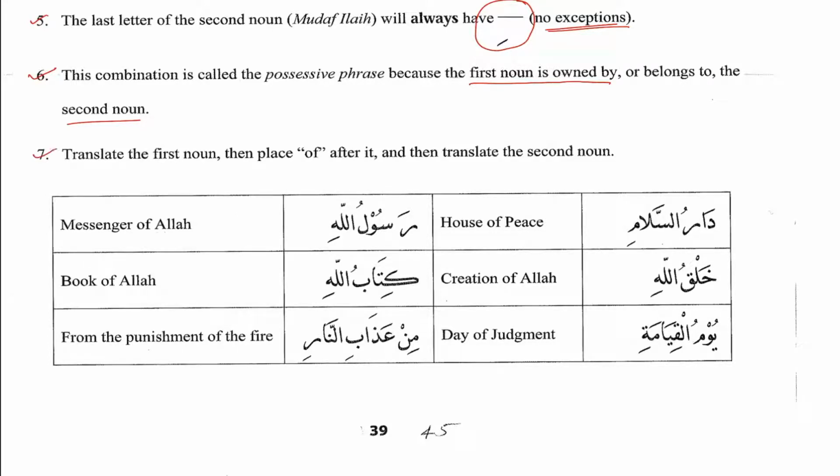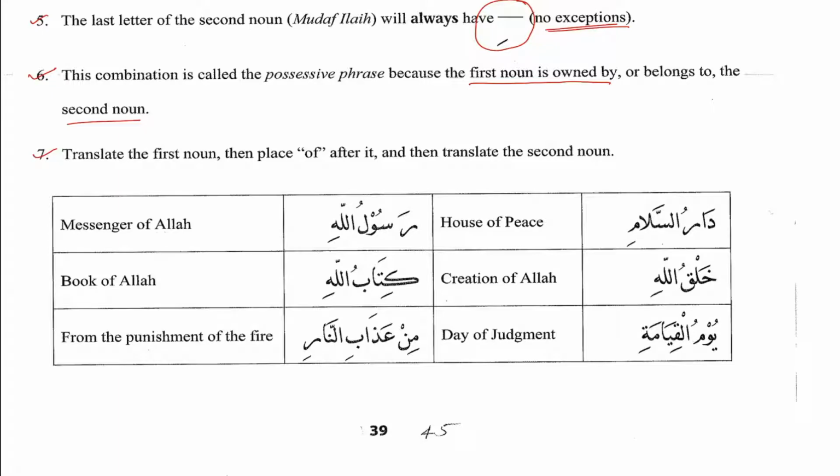When we translate, we translate the first noun, then place "of" after it, and then translate the second noun. Some examples, in which the second noun is definite, the mudaf ilaih is definite. For example, darus salami, dar as-salami. Not just any house, it's a house of peace.